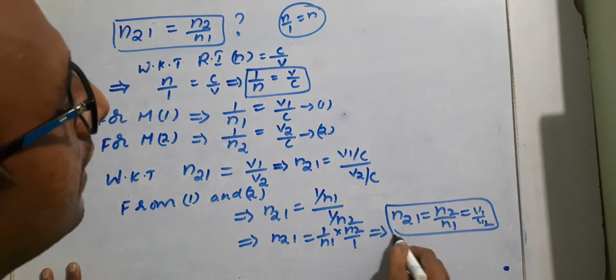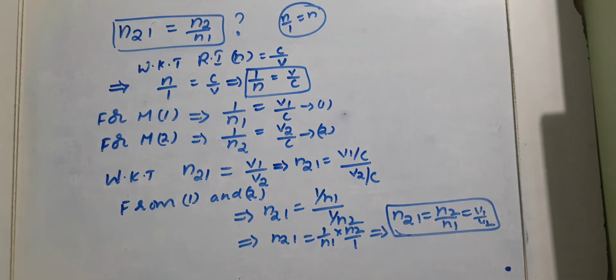So the relative refractive index of second medium with respect to first medium can be written as n21 is equal to v1 by v2, which is also equal to n2 by n1.